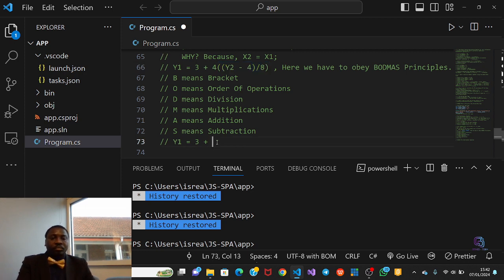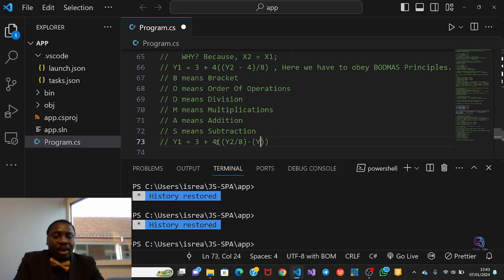So with this, what will I do? So I can just take it as, I will separate it as 4, open the bracket. So I'll say y2 divided by 8. Now put them into another bracket. Then minus. Then I will use another one.